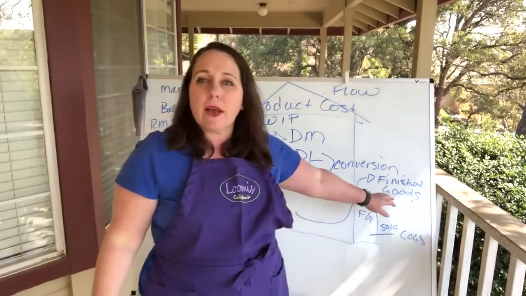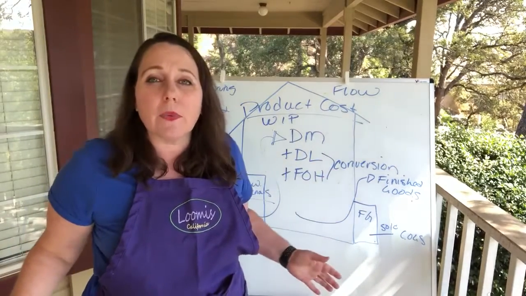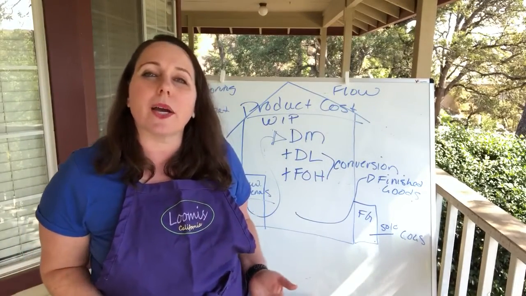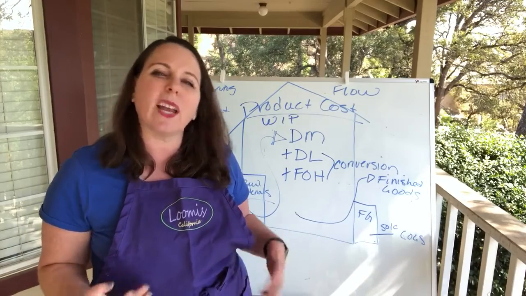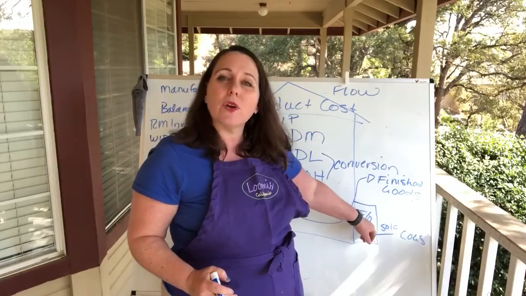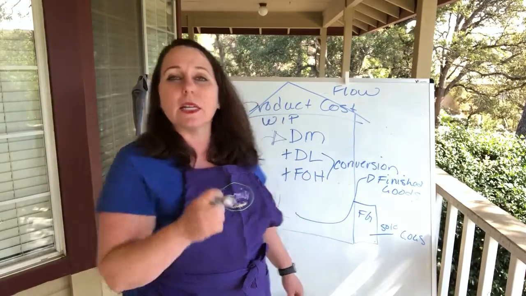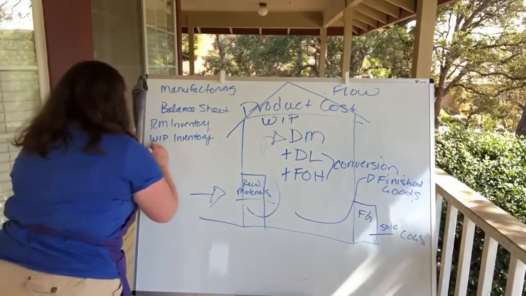And then over here, we're going to have our finished goods, right? So if we sell everything, then we don't have an ending inventory. But most likely, we're not going to sell everything that we finished, right? We're going to have a little bit of a backlog. So anything left over in finished goods that's not sold at the end of the period is going to go onto our balance sheet as well.